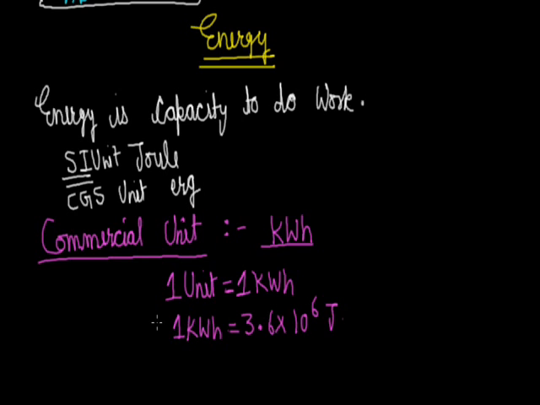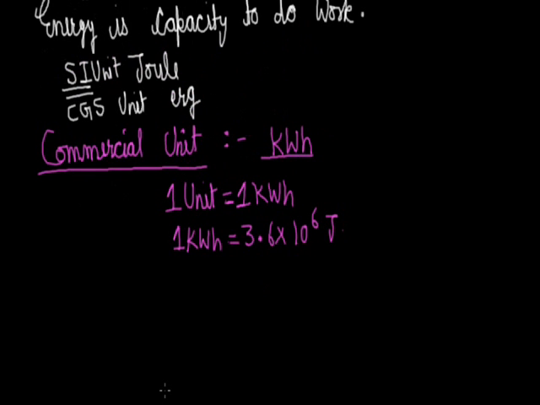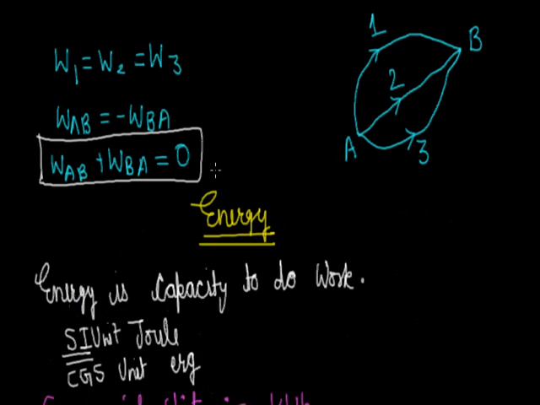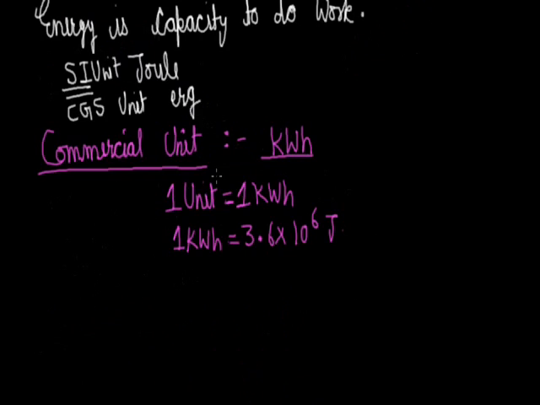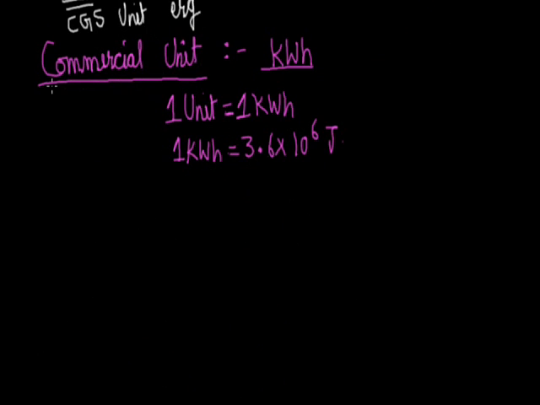We can find this value, so we get the relation between these two units. 1 unit equals 1 kilowatt hour and 1 kilowatt hour is 3.6 into 10 to power 6 joule.